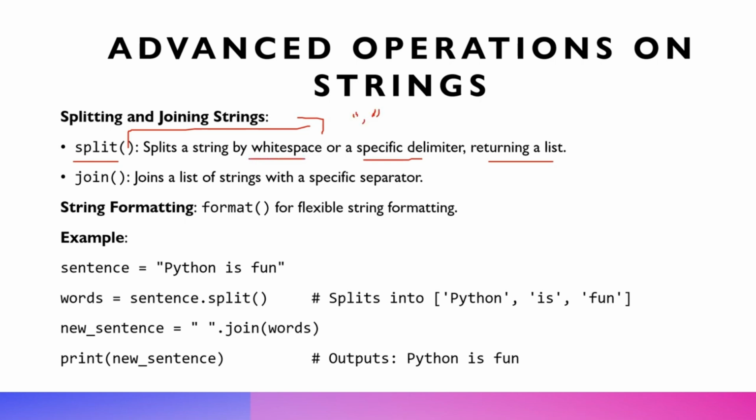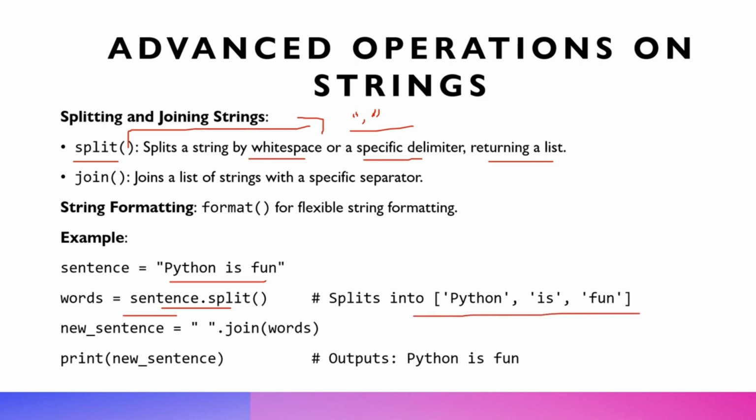Generally, we use a comma as a delimiter. As you can see in this example, sentence is assigned as Python is fun. In the next line, words is assigned with the sentence dot split method, which converts the string in the sentence into a list of substrings. By executing this code, we get the output like this.